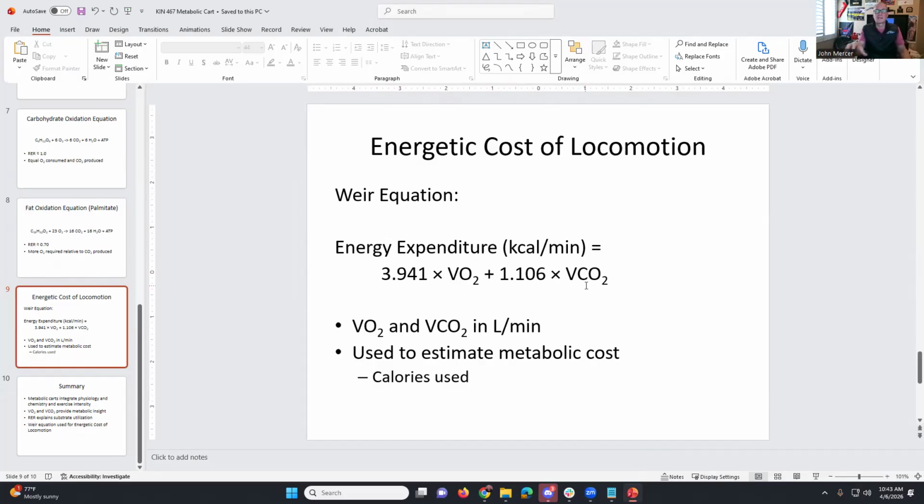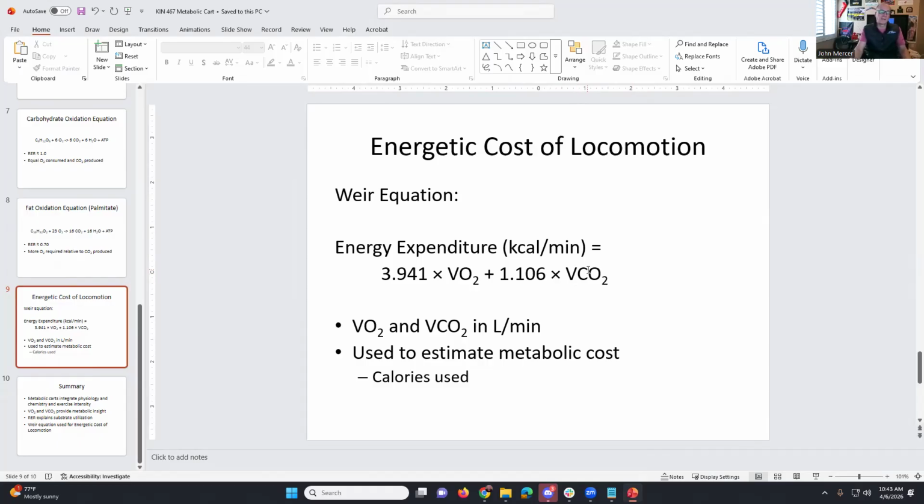We need to understand the aerobic and the anaerobic components. So I'm sorry, I didn't include the anaerobic component in this slide, but we also have anaerobic metabolism of things like carbohydrates as well as creatine phosphate. And when we use carbohydrate anaerobically, we actually generate VCO2 there as well.